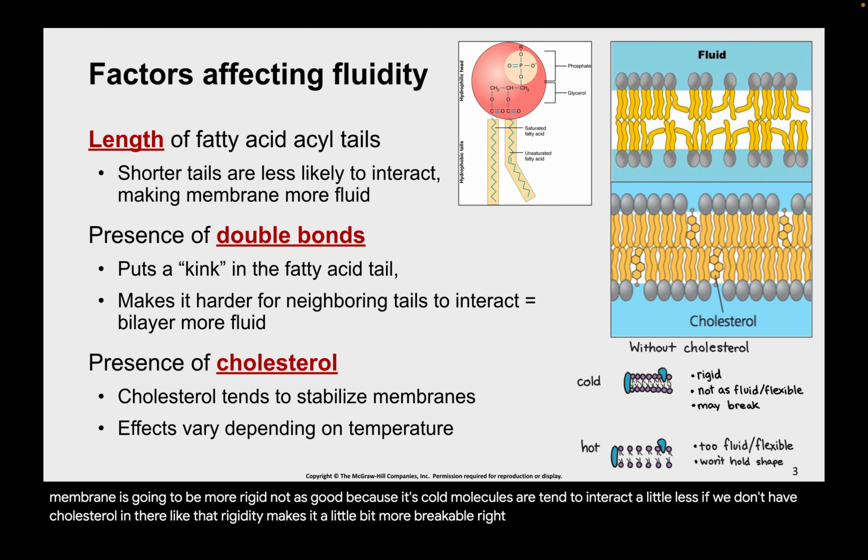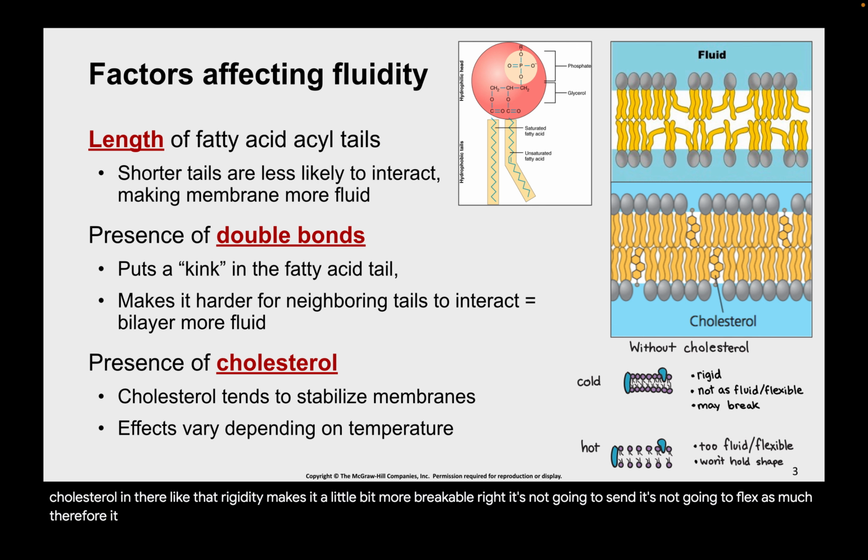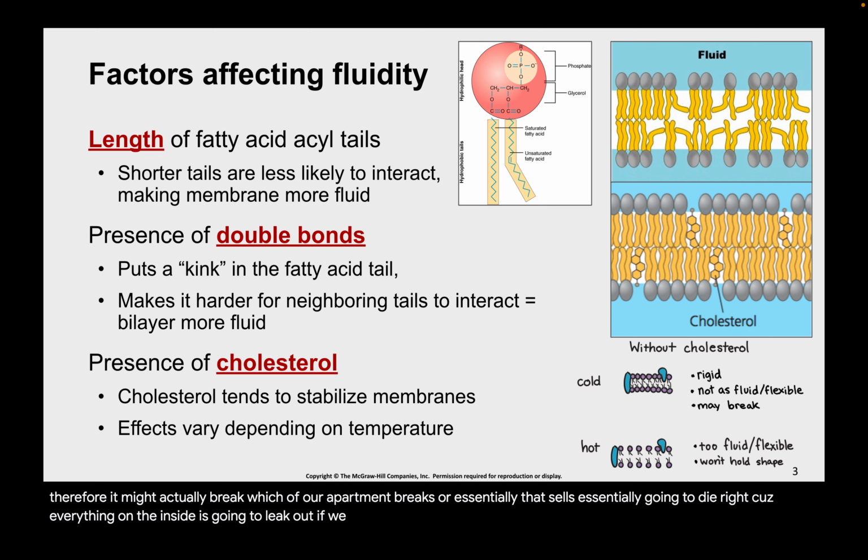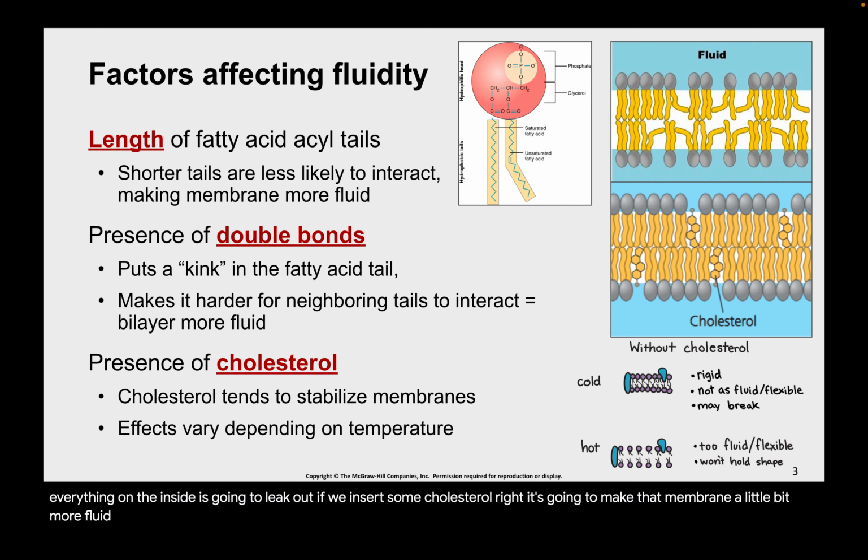It's not going to bend, it's not going to flex as much, therefore it might actually break, which, if our plasma membrane breaks, that cell is essentially going to die, because everything on the inside is going to leak out. If we insert some cholesterol, it's going to make that membrane a little bit more fluid in colder temperatures so that it does not break.